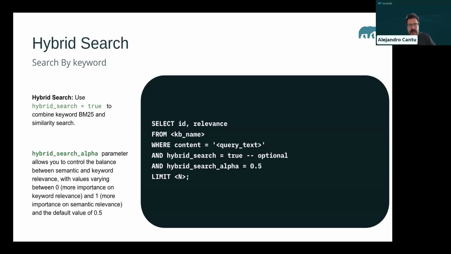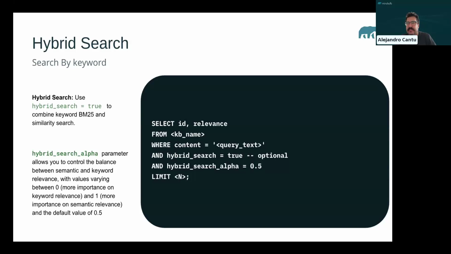That's where you go closer to 1. So if you put 0.9, you give more weight to the semantic side of things, and the other way around: if I want more keyword relevance, go closer to 0. A good example here would be if you're trying to search for skills inside a knowledge base of resumes.